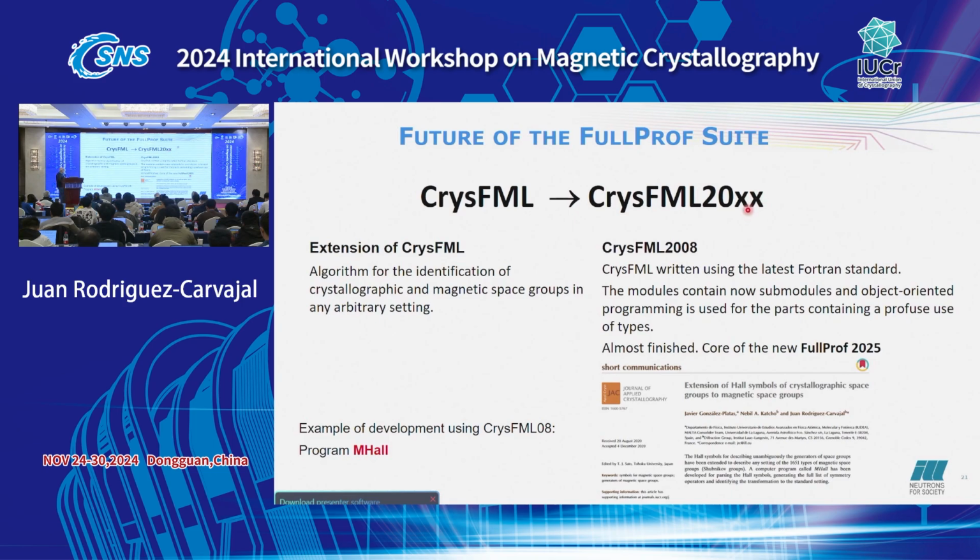In fact, it's called now CrysFML 2008 because the minimum standard is Fortran 2008. It's the latest, and in fact we are using the latest Fortran standard. Then we are converting that because in that case you use a much more modern Fortran using classes, etc., etc.